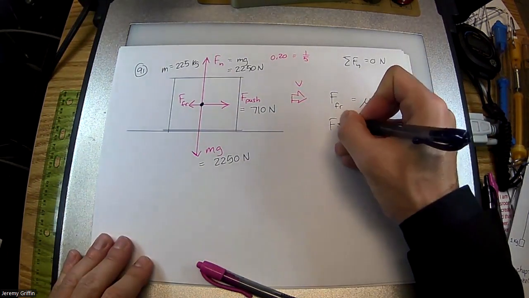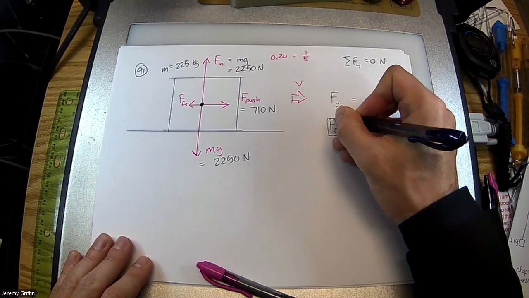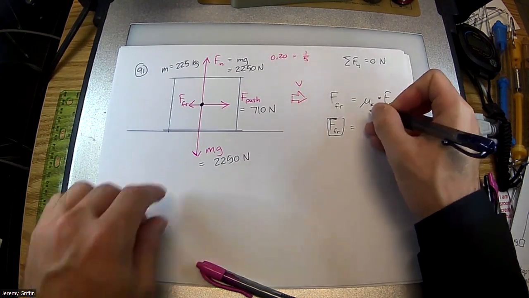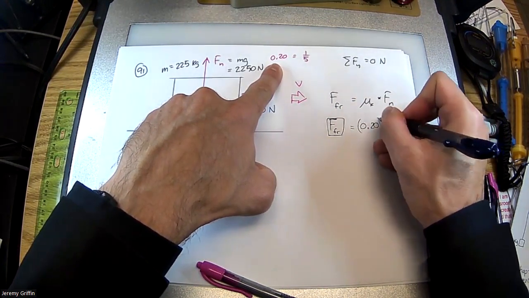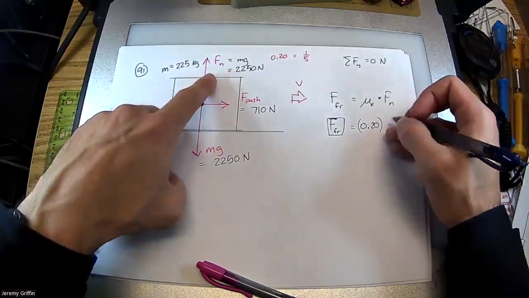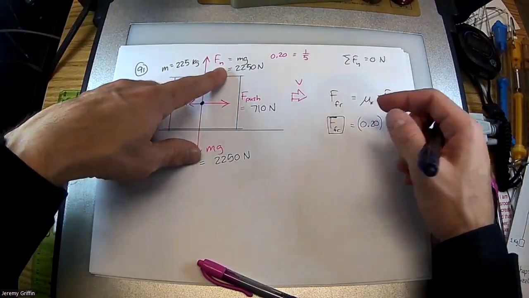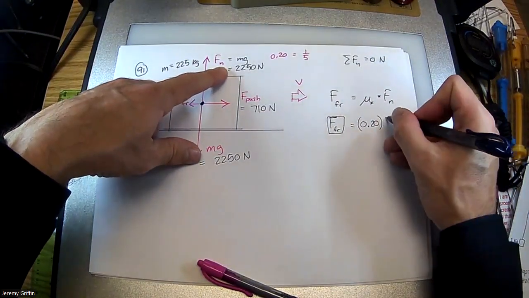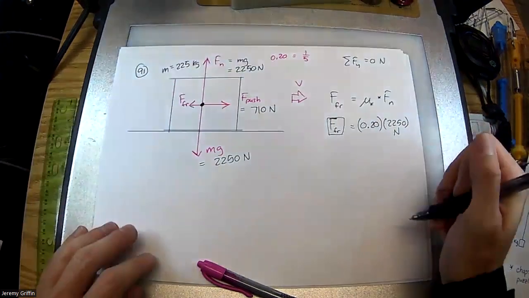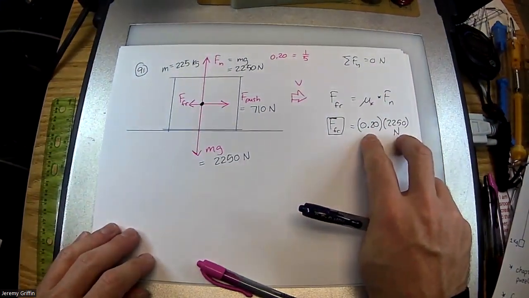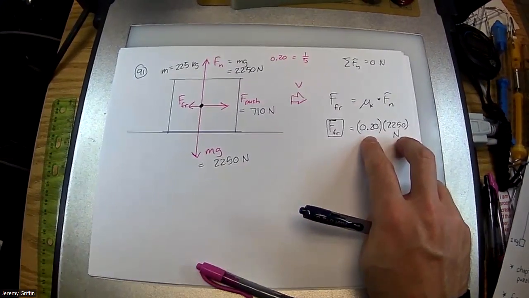So we're trying to figure out what is that friction force? Well, they said coefficient of friction was 0.2, or you could say 1/5 if you like fractions. And the normal force, we figured out had to be equivalent to the weight, so that must be 2250 newtons. So you've got 0.2 times 2250 newtons, 1/5 of 2250 newtons.